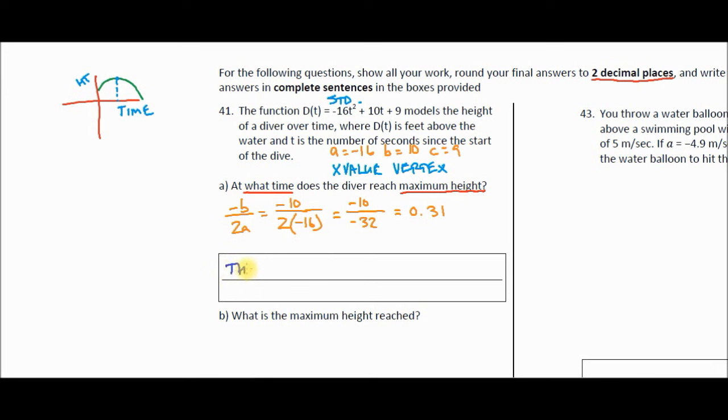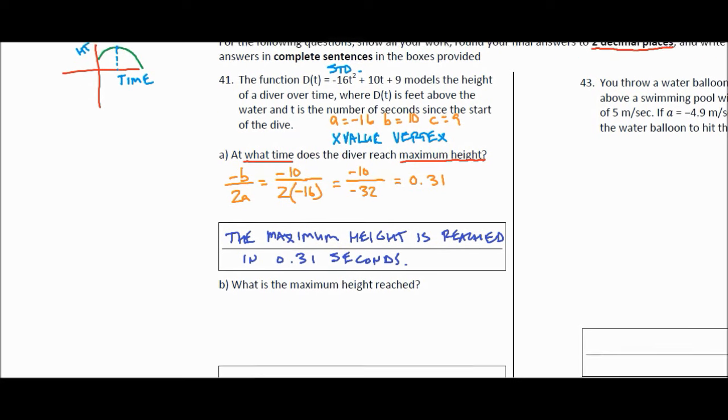The maximum height is reached in 0.31 seconds. Alright, so there's our answer, the time it takes to reach maximum height.